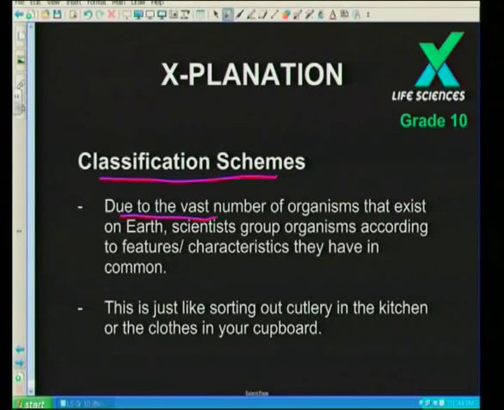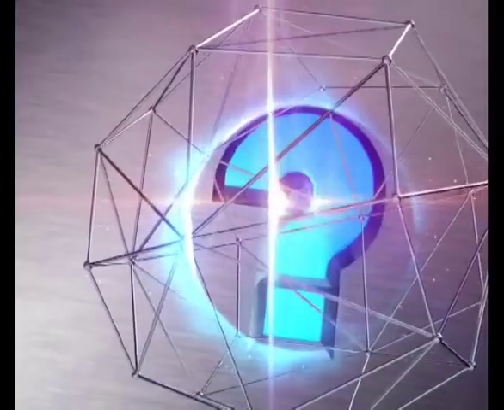Due to the vast number of organisms that exist on Earth, scientists group them according to features and characteristics that they have in common. This is just like sorting out the cutlery in the kitchen or the clothes in your cupboard. We now take a break, and when we come back after the break, we're going to be looking at the classification schemes.